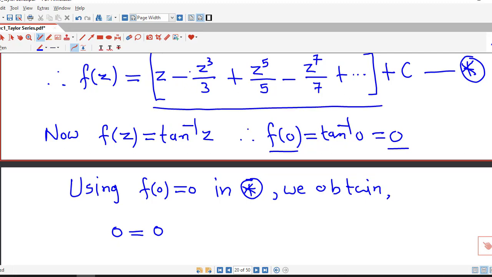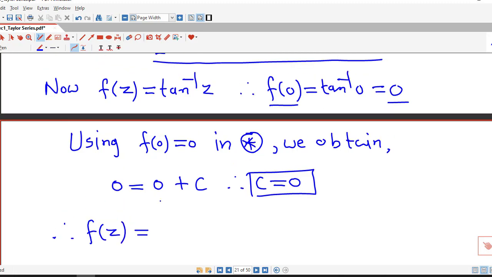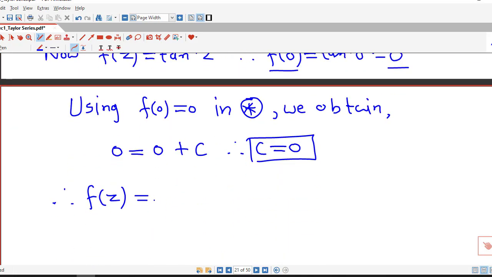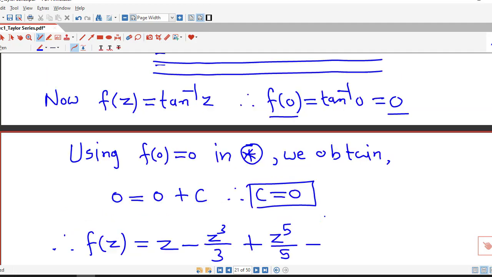So we have 0 plus c, therefore the constant is 0. Using c equal to 0 in star, we have f(z) equal to z minus z cube by 3 plus z raised to 5 by 5 minus z raised to 7 by 7, and so on.